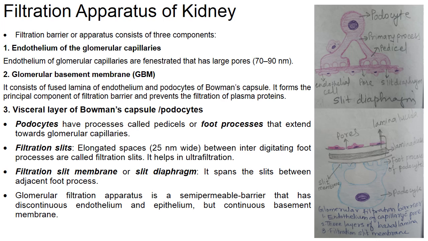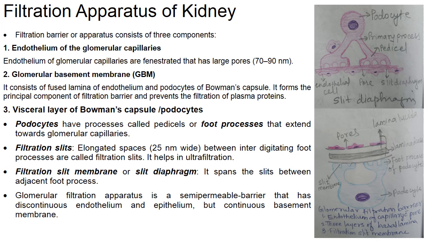The Bowman's capsule has two layers. Outer parietal layer is lined by simple squamous epithelium and the inner visceral layer is lined by podocytes. So the podocytes have processes called pedicles or foot process. They extend towards the glomerular capillaries, and there are filtration slits, elongated spaces of about 25 nanometer between the foot processes, and these slits help in ultrafiltration.